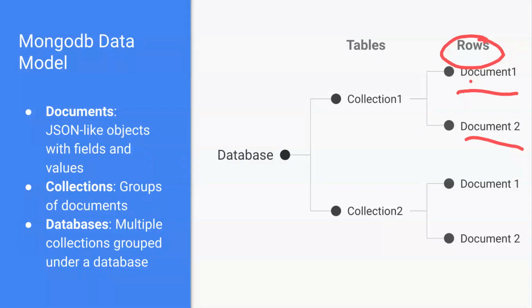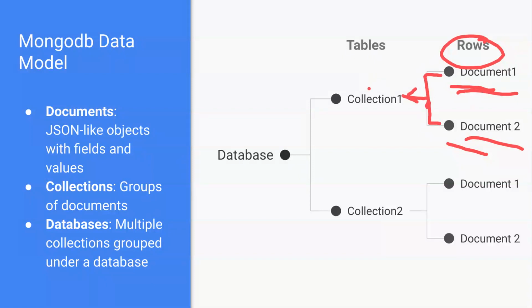For example, the material used for one type of shoe may be less than for another type of shoe. Like leather may have more material compared to a plastic shoe. Now, similar documents with similar data are grouped as a collection.